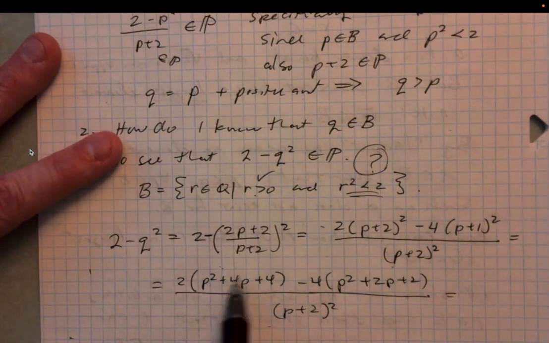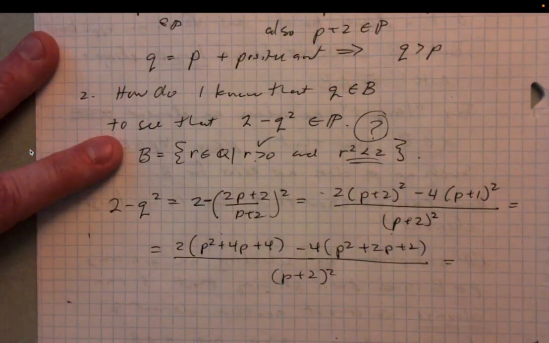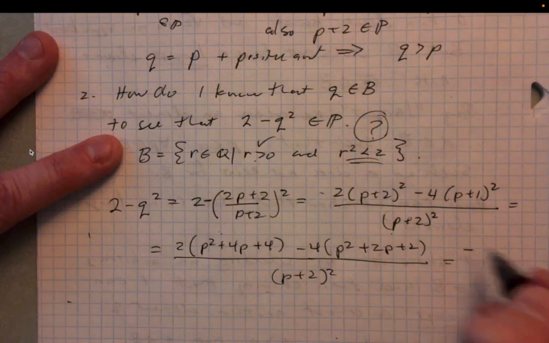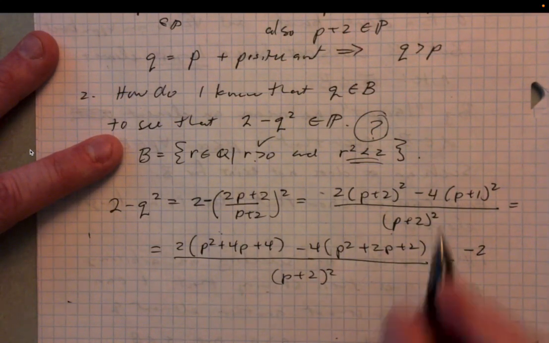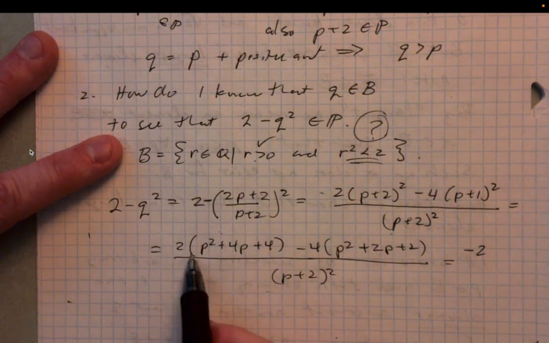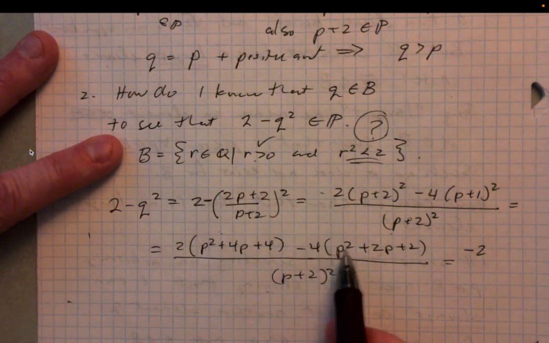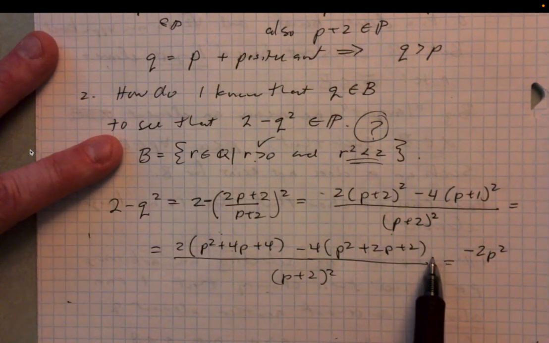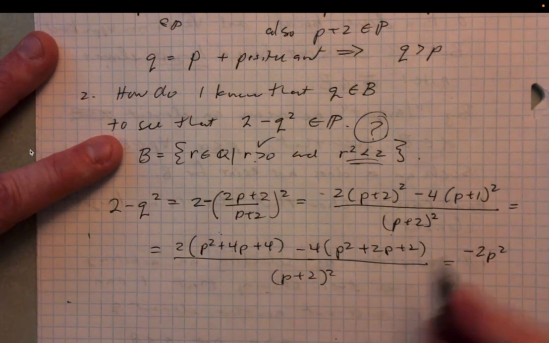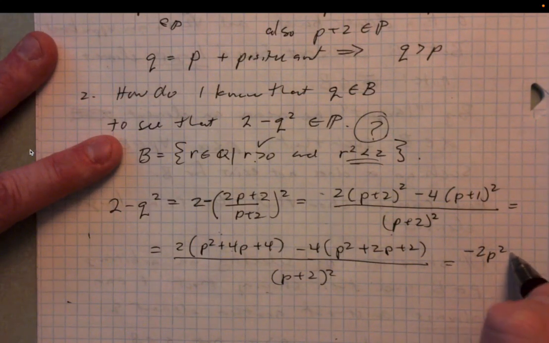Now, when I combine this numerator, a lot of things simplify. I'll write this out, and you can take a second to make sure you see how this happens. Basically, you've got 2p squared minus 4p squared, so you've got minus 2p squared on top. A lot of the other stuff cancels away, and what you're left with is minus 2p squared plus 4.